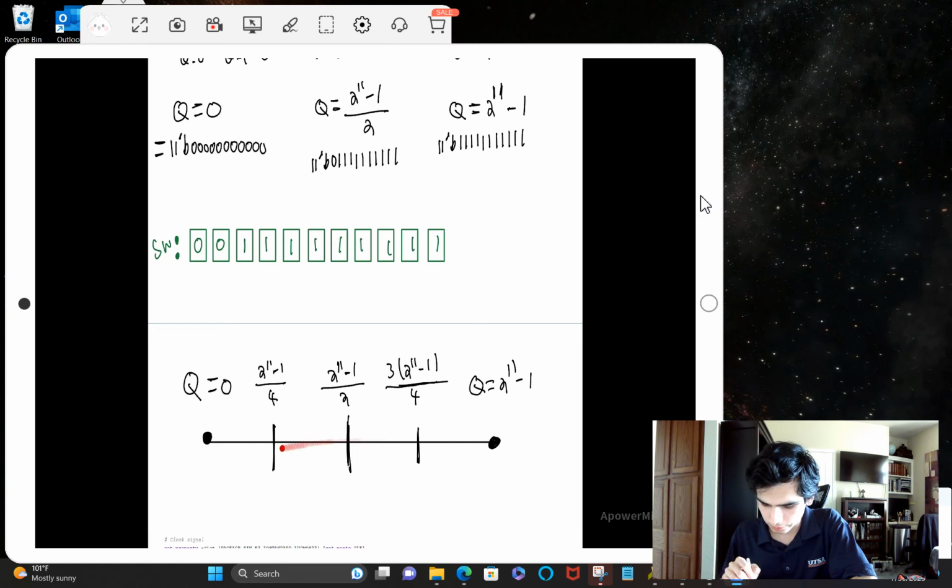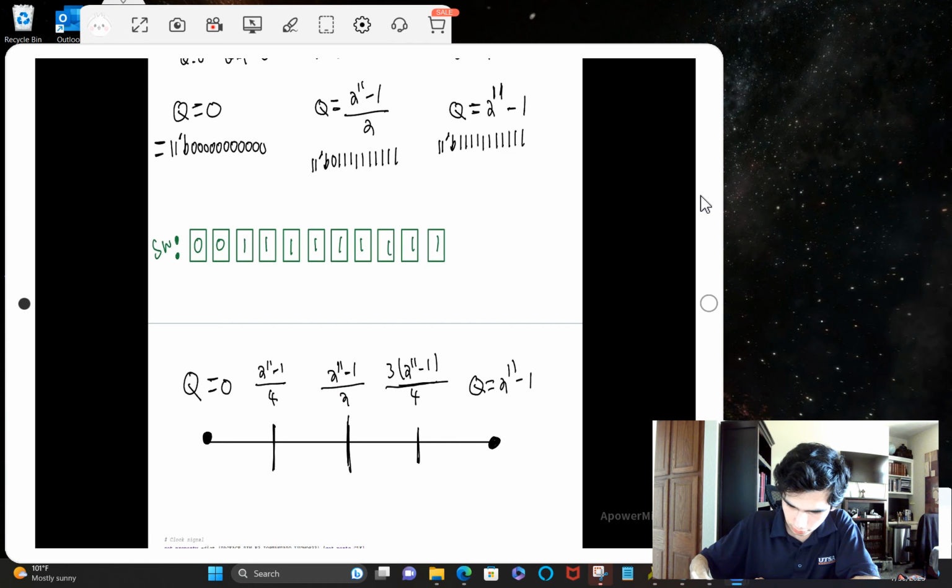So this is like our timeline of the entire thing, where the value we set switch equal to is going to be what cuts it off.